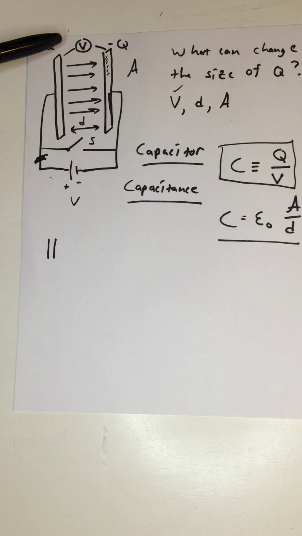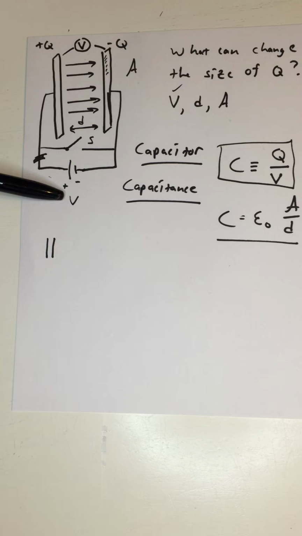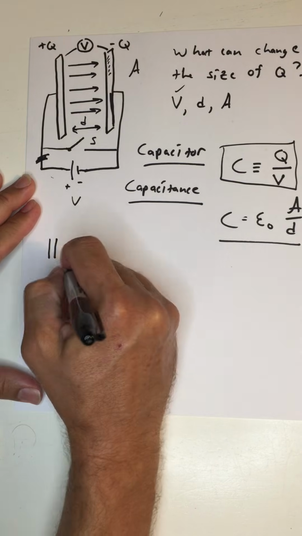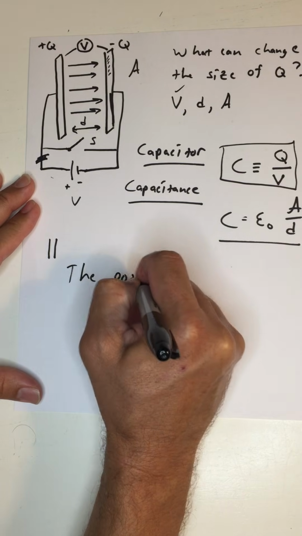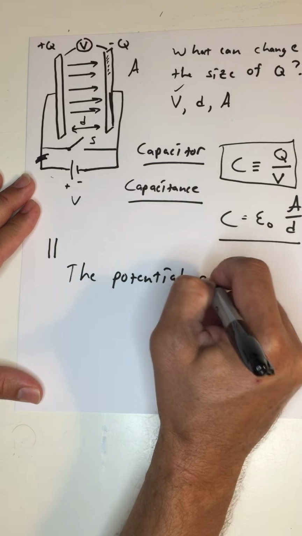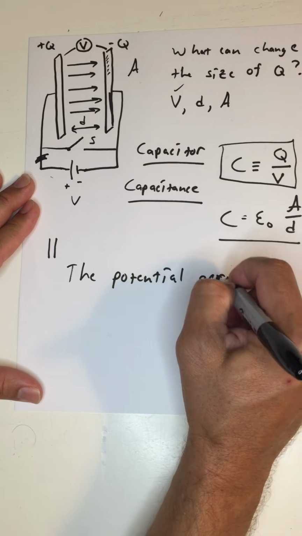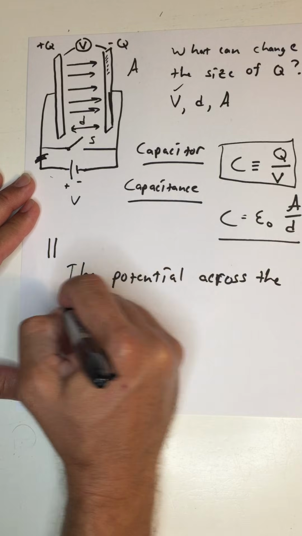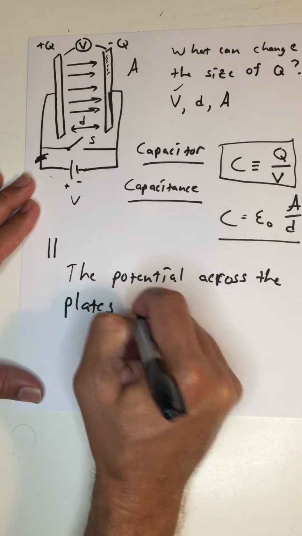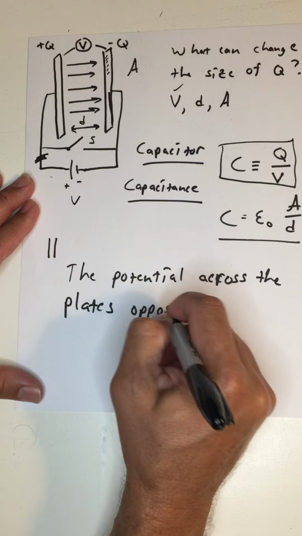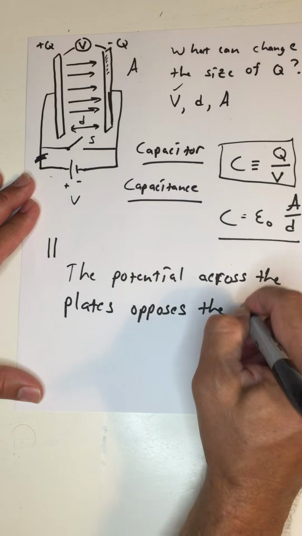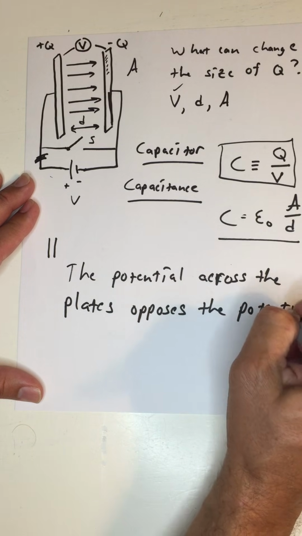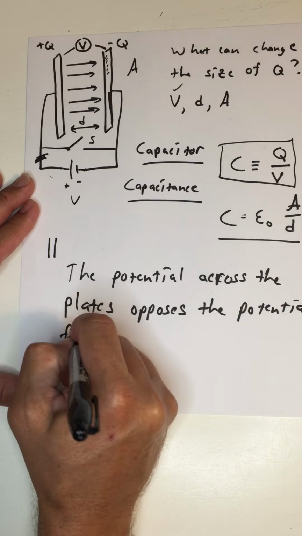So I've developed the same potential, although to be really technical, if this is a 9-volt battery, what I measure across here is negative 9 volts, right? It opposes, I'll write this down, the potential across the plates opposes the potential from the battery.